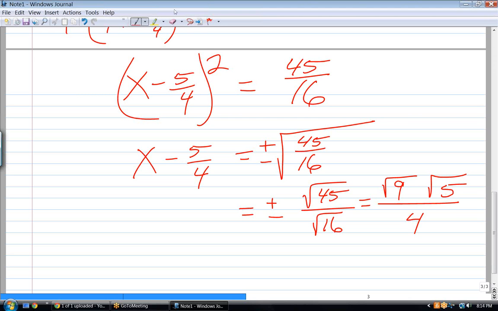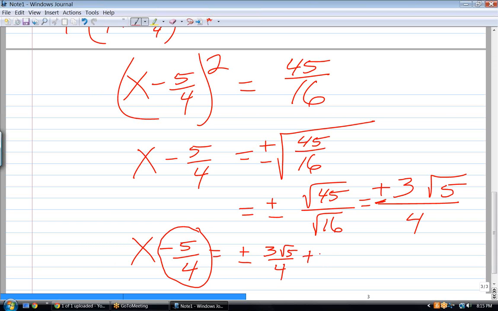And square root of 9 is 3. So root 45 is the same as 3 root 5. So now, after simplification, we have x minus 5/4 equals plus or minus 3 root 5 over 4. So we're going to add 5/4 to both sides. And there is our answer.